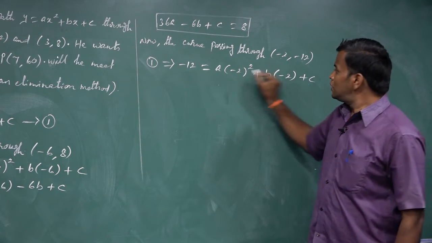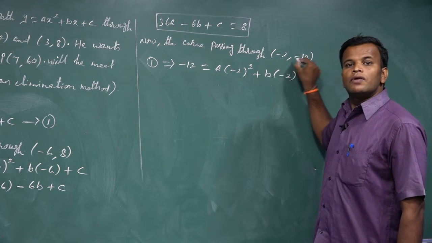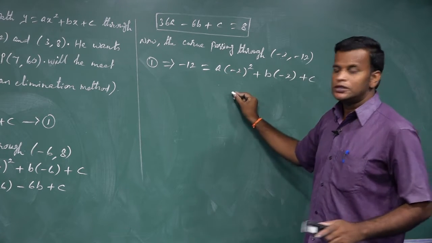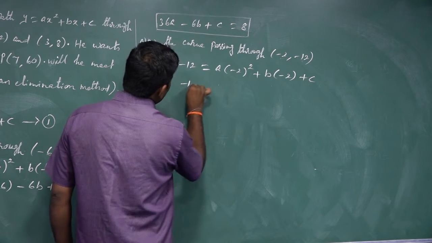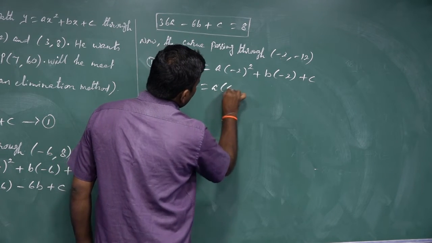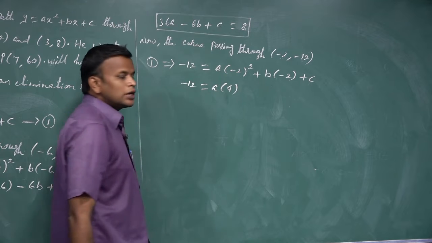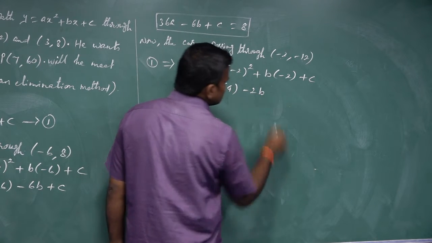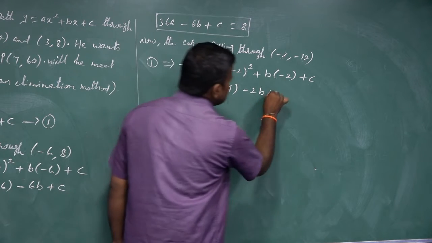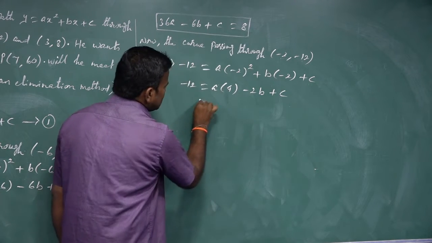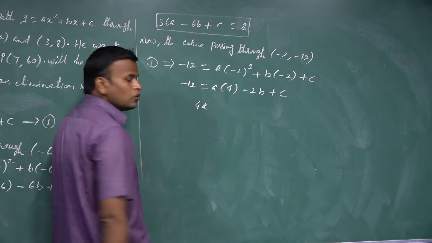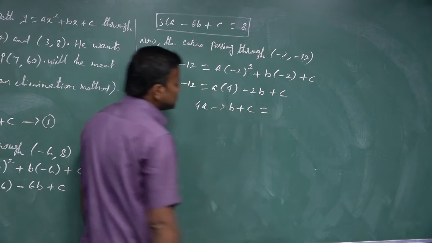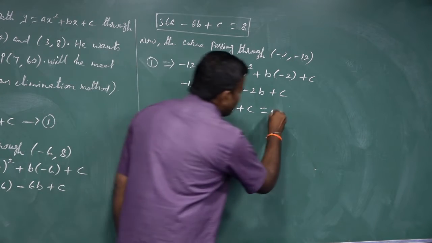Whenever x is there we replace x by minus 2, and whenever y is there we replace y by minus 12. So minus 12 is equal to a of minus 2 the whole square, which is 4, plus b times minus 2, which is minus 2b, plus c. So we write 4a minus 2b plus c is equal to minus 12.